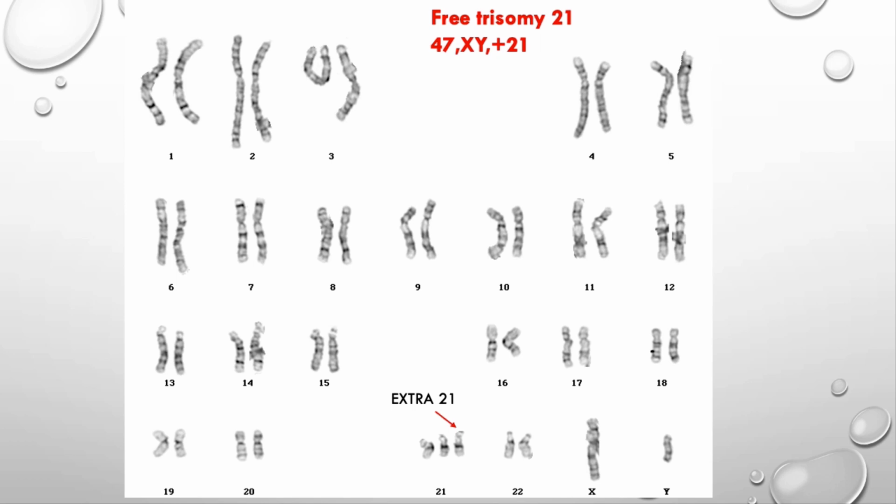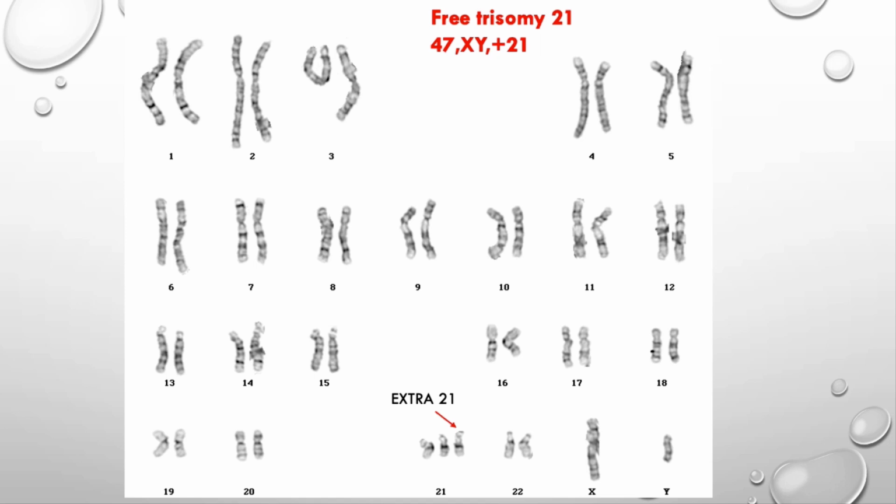If you look at the picture, you will see that all of the chromosomes from 1 all the way to 22 have 2 chromosomes, which is the normal number, because we typically get 1 chromosome from our mothers and the other chromosome from our fathers.